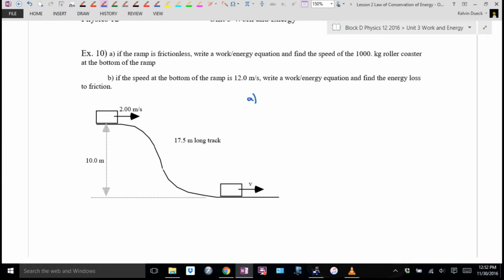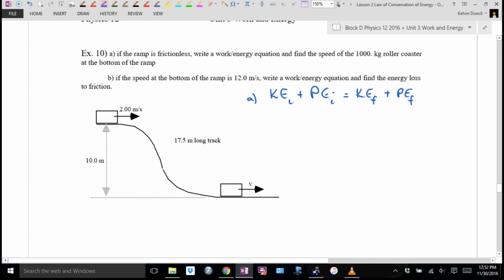Conservation of energy. So I'm going to start out KE initial plus PE initial equals KE final plus PE final. Initial plus initial equals final plus final. What you start with is what you end with. Hey Shane, are any of these 0? End up on the ground?